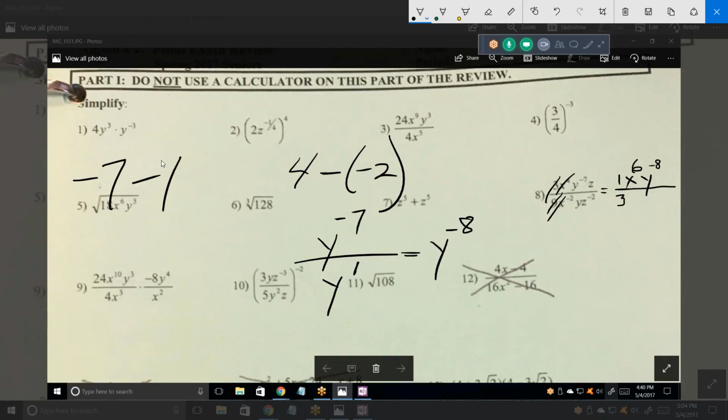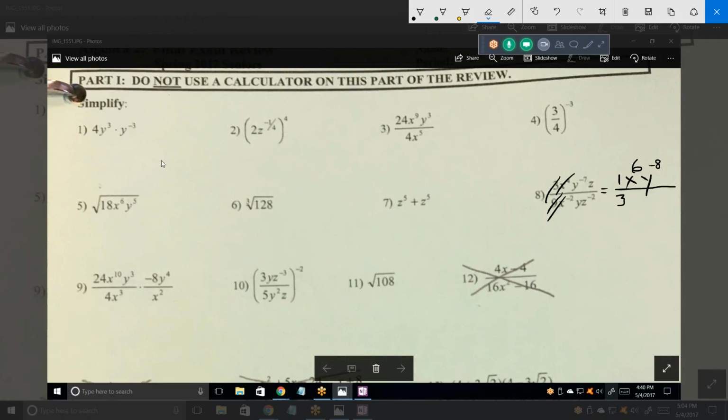Now z. Finally, let's do z. Always doing these one at a time. There's no need to do more than one at a time. What is z divided by z to the minus 2? Subtract the exponents.